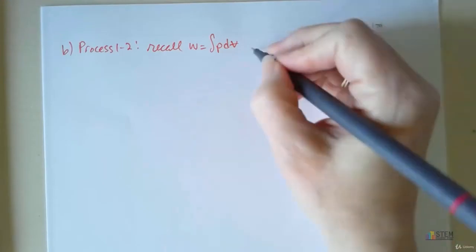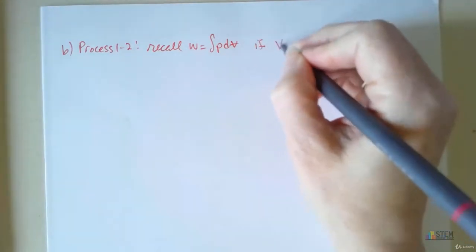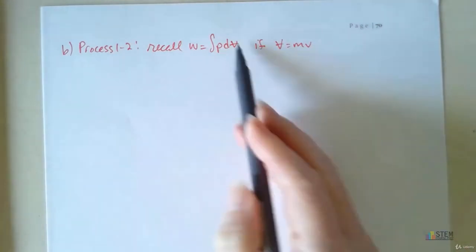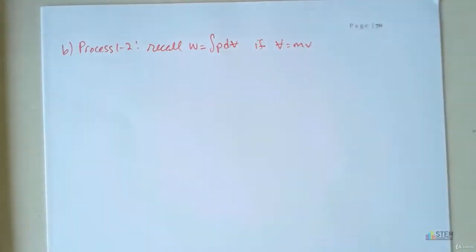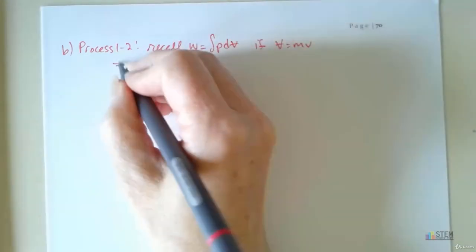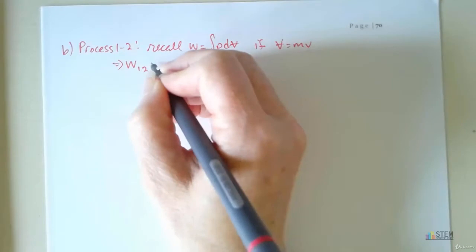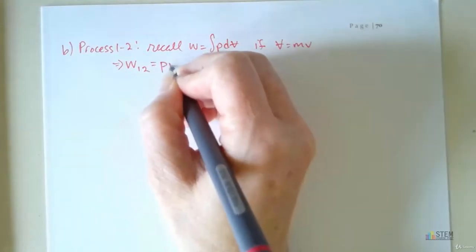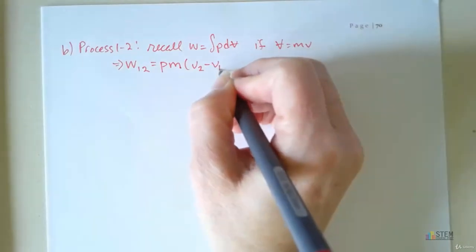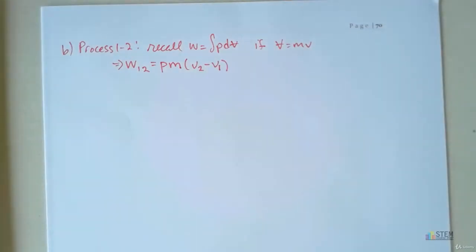Alright, now if volume is equal to mass times specific volume, you could rewrite this and put it in terms of specific volume, and then you'll get work of process 1, 2 is going to be the pressure times the mass times specific volume at state 2 minus specific volume at state 1. And we did that in a couple of the examples back in chapter 2, I believe.